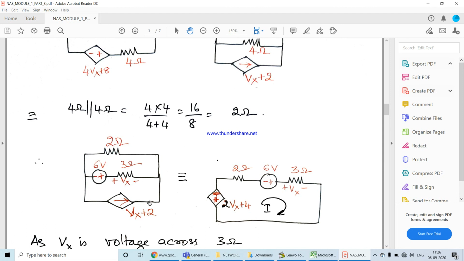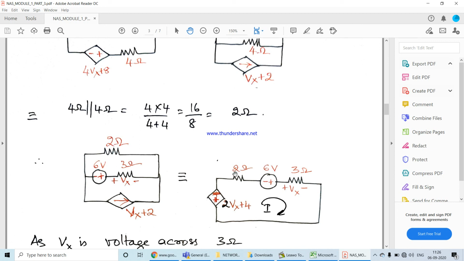Now what is the next job? Next job is, I have these in parallel, in series, sorry. Can't I convert this current source and these 2 ohms into series? And that in turn the entire network will become in series. Now current in parallel with 2 ohms is converted into voltage in series with 2 ohms. So here V equals I into R, so 2 into Vx plus 2 is 2Vx plus 4.